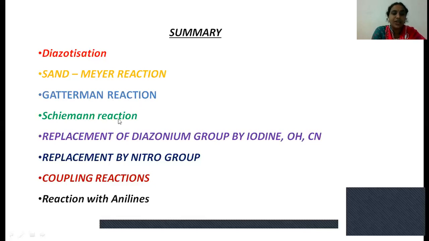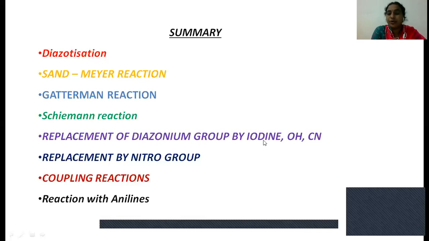In the Schiemann reaction, benzene diazonium chloride reacts with sodium tetrafluoroborate, which produces fluorobenzene. Here, the diazonium group is replaced by iodine when it reacts with potassium iodide, which produces iodobenzene.